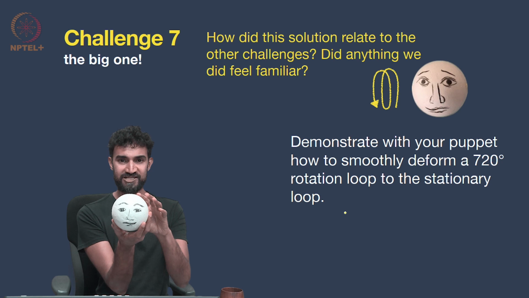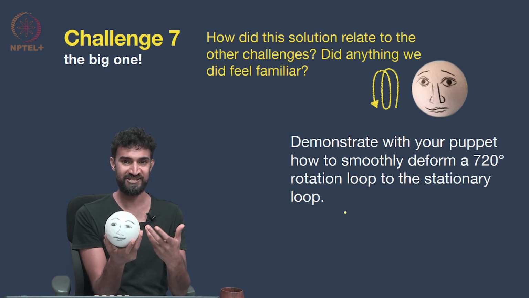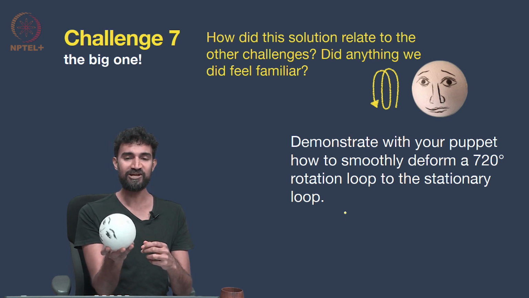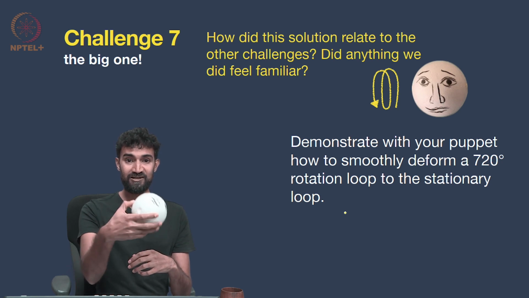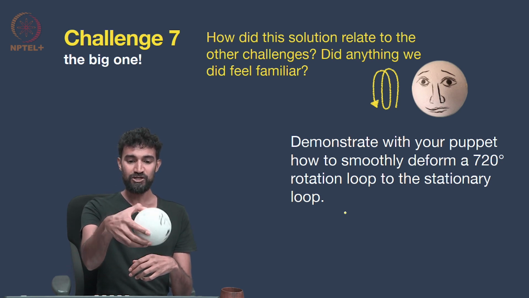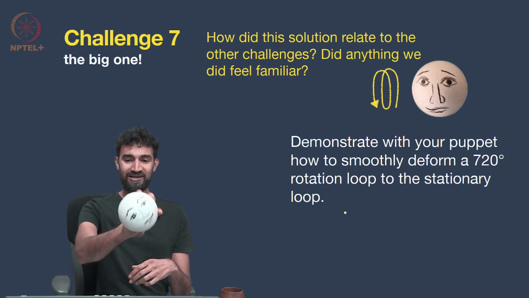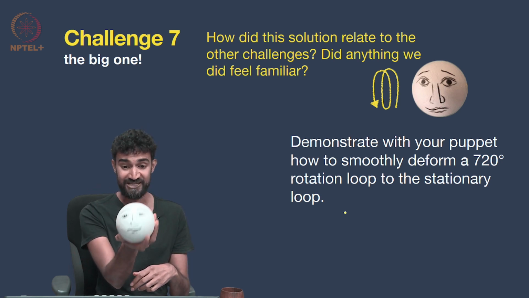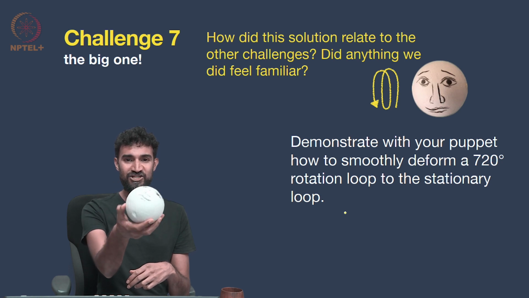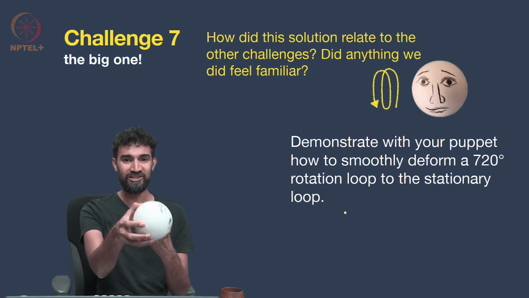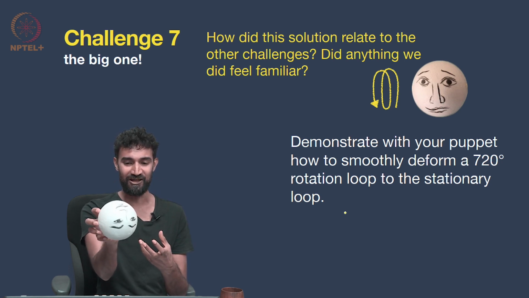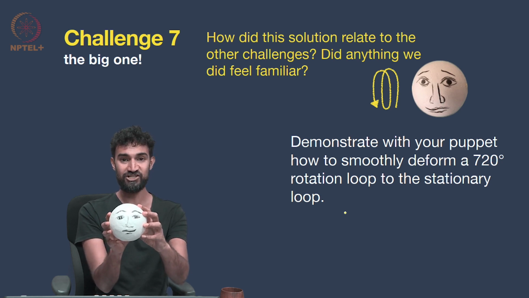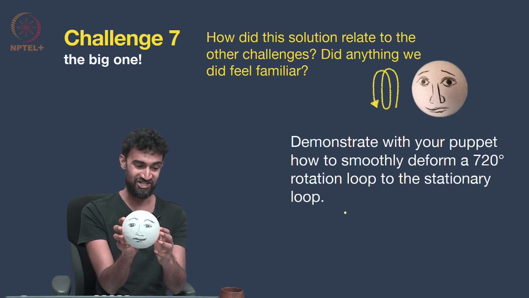And just like we saw earlier, any two 360-degree loops are equivalent, we're actually bringing the first 360-degree loop to a 360 about the x-axis, and the second one to a 360 about the opposite x-axis. So really it becomes two loops that cancel out from one another until eventually it just deforms to a wobble and then a stationary loop.